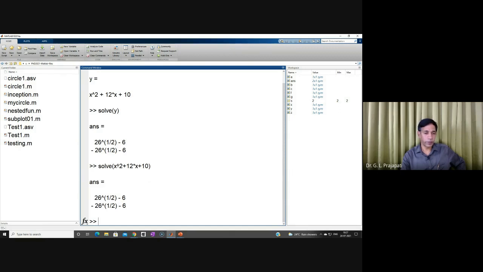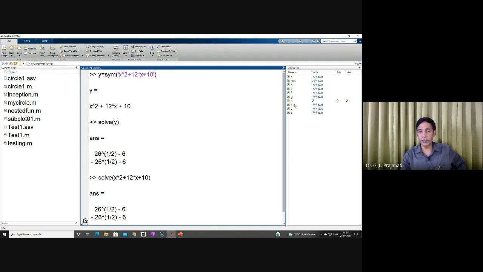So solve can take either a symbolic expression or a string. If x is not defined as symbolic, then you have to give it in the form of a string, like this. Otherwise, since x is already a symbolic variable, you can directly use it like this.